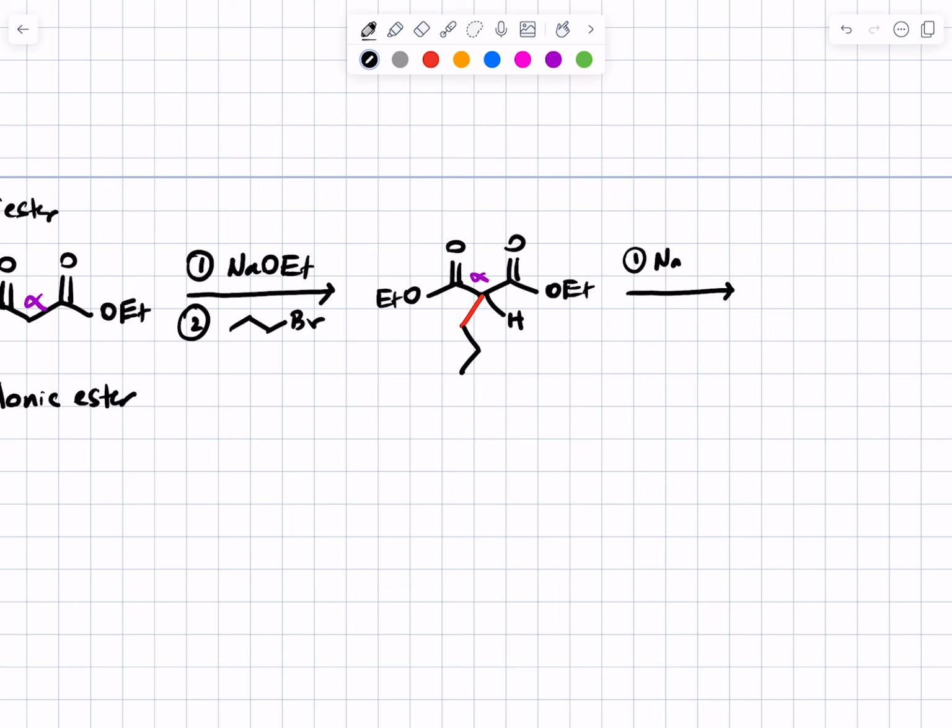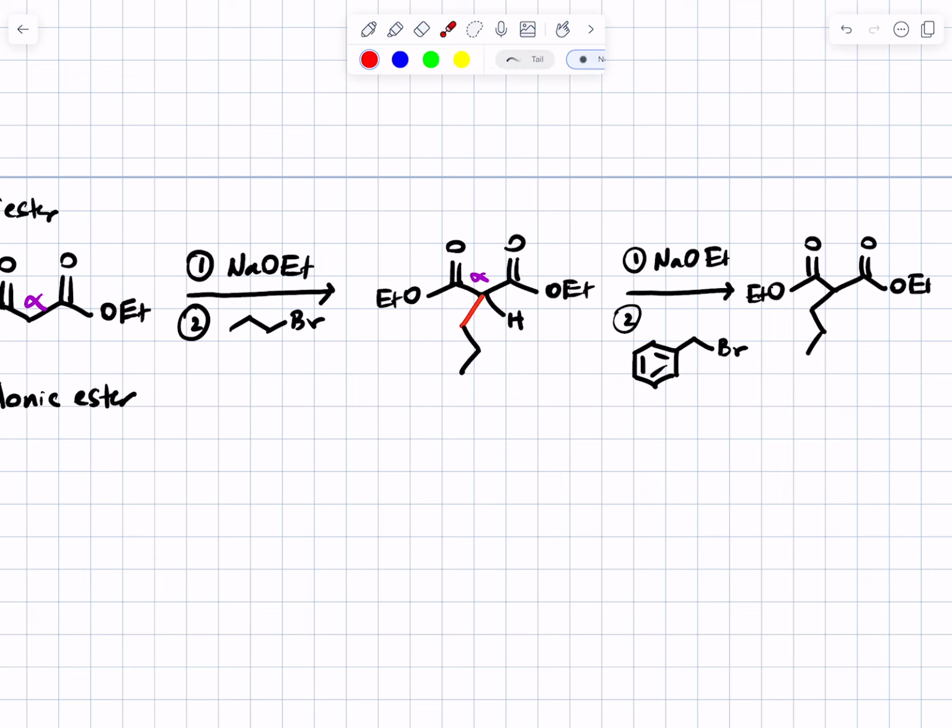where I deprotonate the alpha carbon, and this time I'm going to use something that is a little bit more horrible. Let's use a benzene ring with a bromo group. All right, and so that should deprotonate the purple alpha carbon, generating an enolate, which I'm not drawing. And then that enolate should react with the carbon that has the leaving group on the alkyl halide, and that should make this new bond.